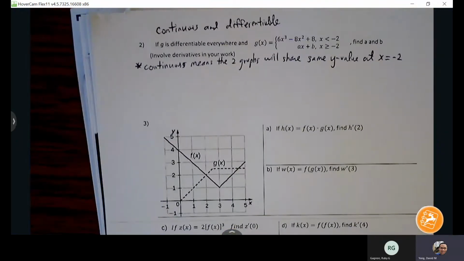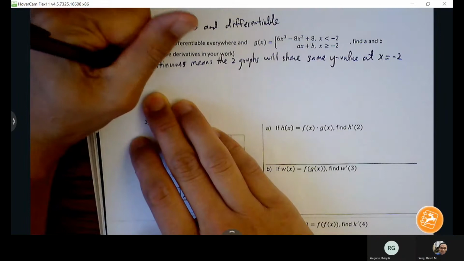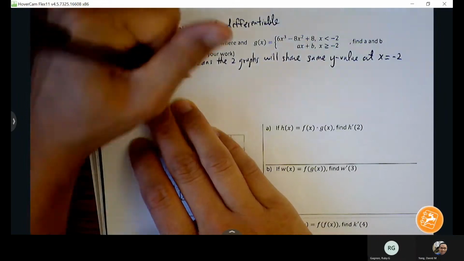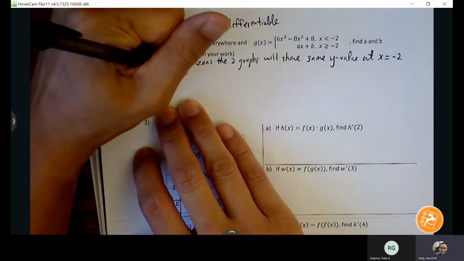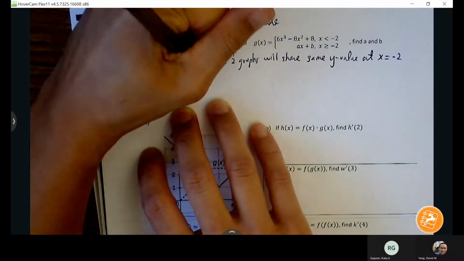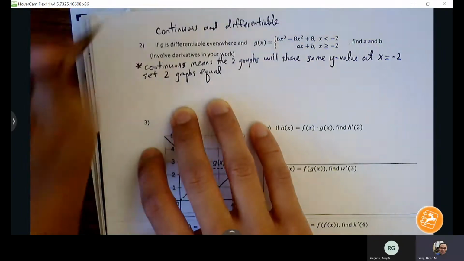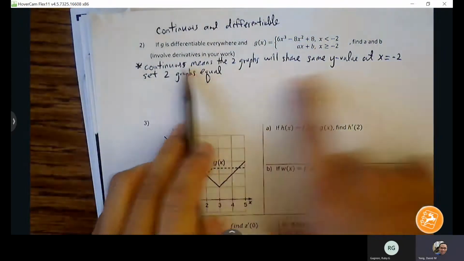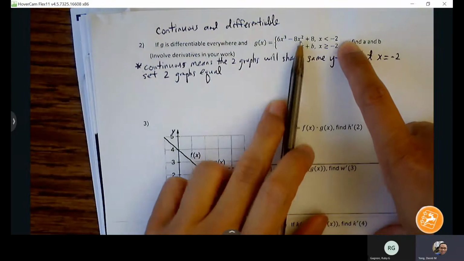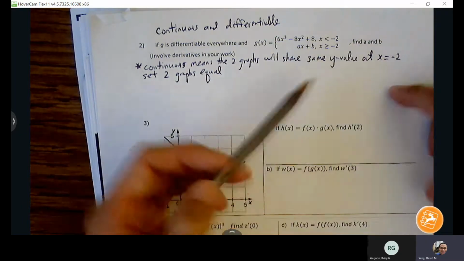Okay. What that means is we can set the 2 equations or 2 graphs equal to each other, because we have to create a situation where these 2 graphs connect.